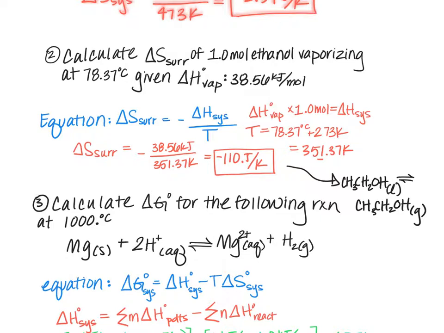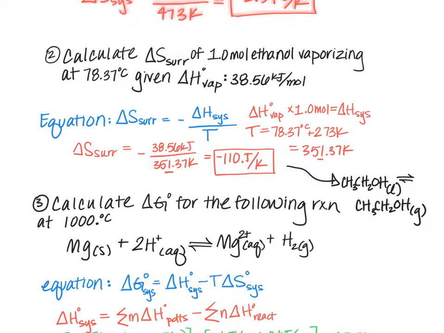The boiling point again is the point at which a liquid spontaneously vaporizes into the gas, and so I take my degrees Celsius, add 273 to get Kelvin, plug this temperature, again I didn't round until the end, so here I plug my temperature into the equation, and I get negative 110, indicating the decimal place to show that I have 3 sig figs right here, joules over Kelvin.